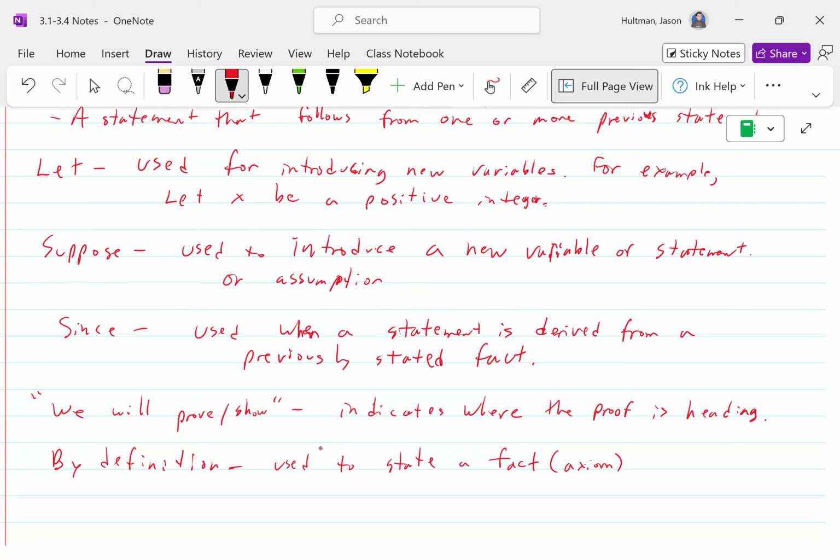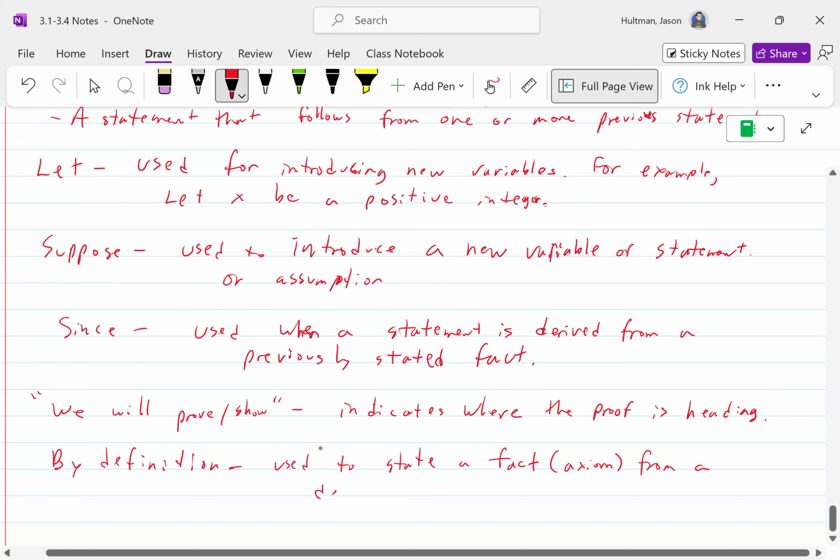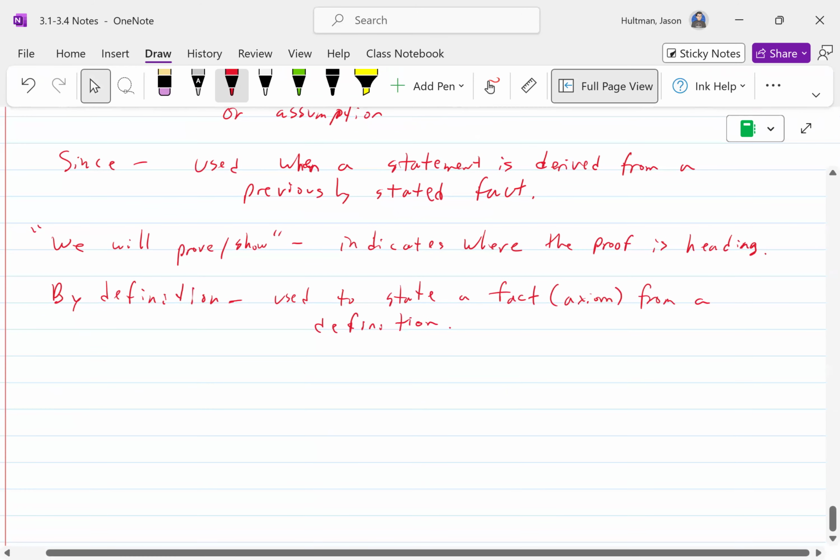Okay, in other words, it's used to rephrase a statement in a more specific way.